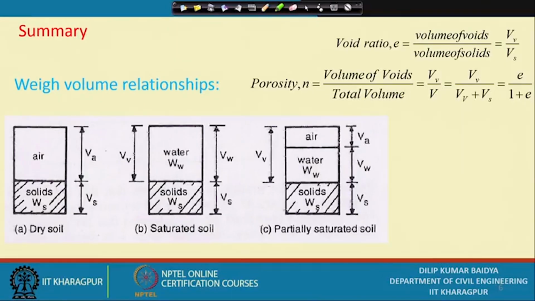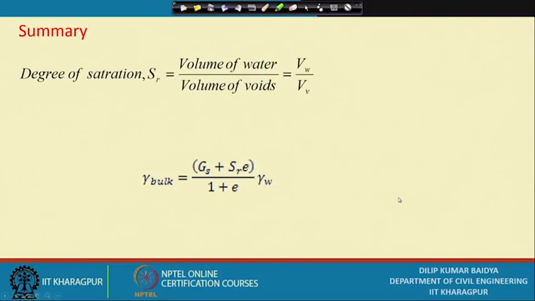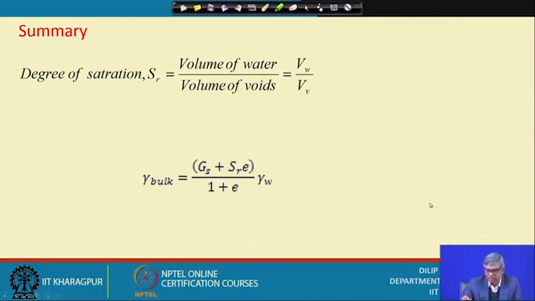You have to know what they are, because these are required in calculations in every chapter. Sometimes you have to calculate unit weight, and sometimes some parameters are given and based on that you have to use the formula. If you do not remember this, then it will be difficult to apply those in actual practice.